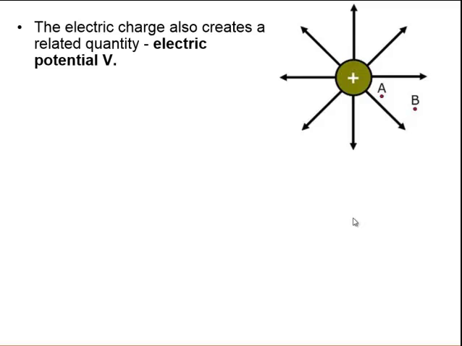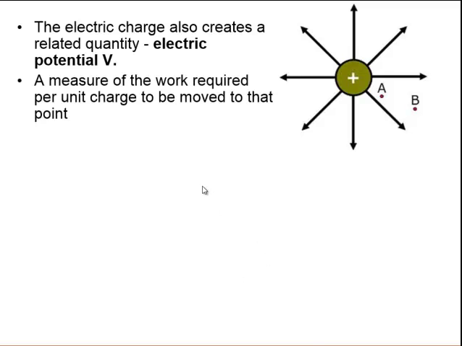So electric charge also creates the related quantity of electric potential, which is the voltage. Now, this is a measure of work required per unit charge to move to that point. It's probably the more useful gateway to numbers. So with that stated, the work done on a charge can be calculated from the equation that voltage is equal to the work done divided by the charge.